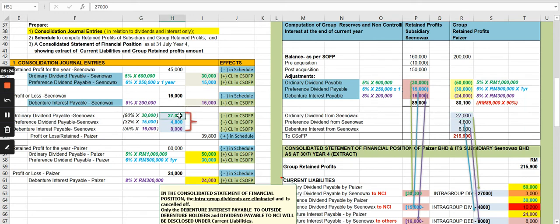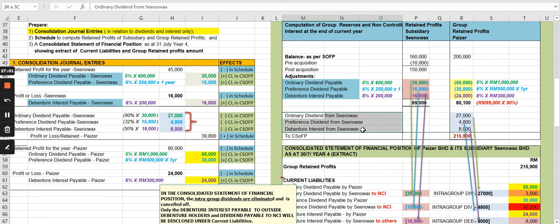How do you get 27,000? Because of 90% from this 30,000. And then the second one is preference dividend from Sinovac, the same thing, 15,000 times 32% percentage acquired in preference shares. And here is 8,000. It is 8,000 because you have 50% acquisition in the debenture, so you are entitled to get the 50% debenture interest.